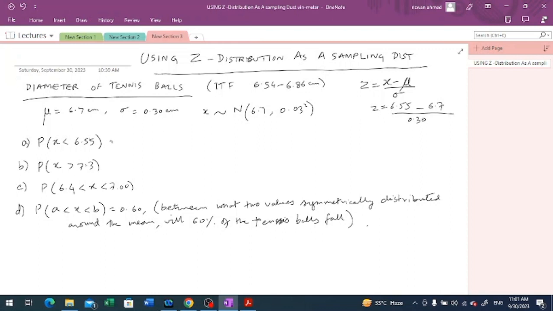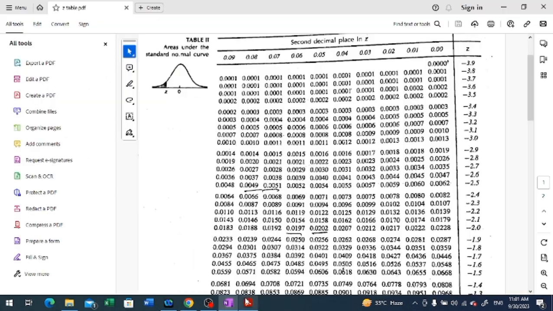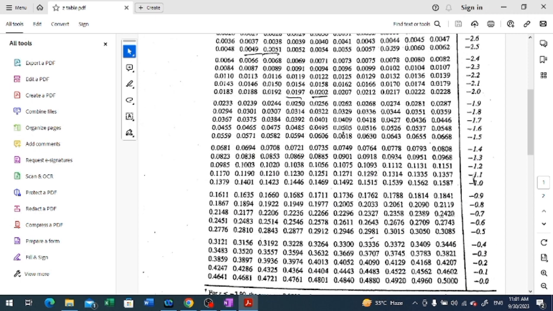Ultimately we get a z value of minus 0.5. Referring to the table, the probability corresponding to minus 0.5 is 0.3085, you can see.